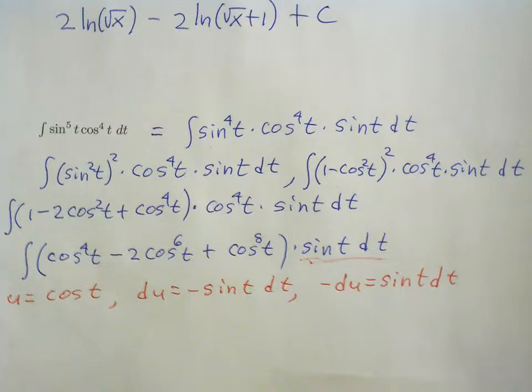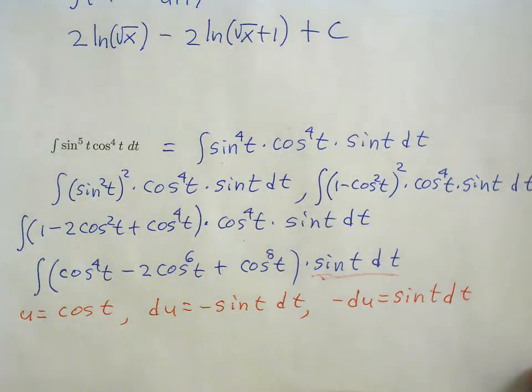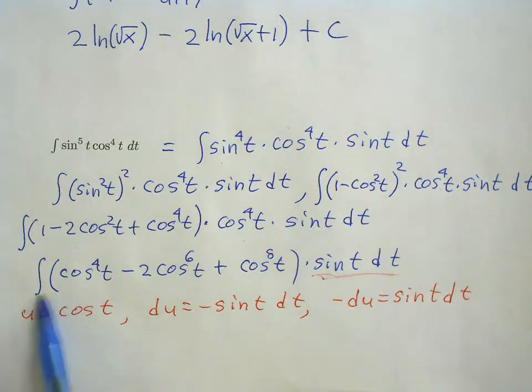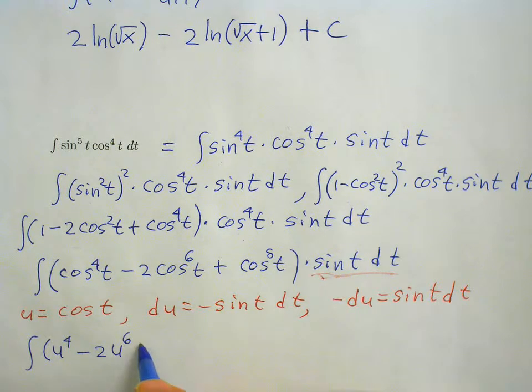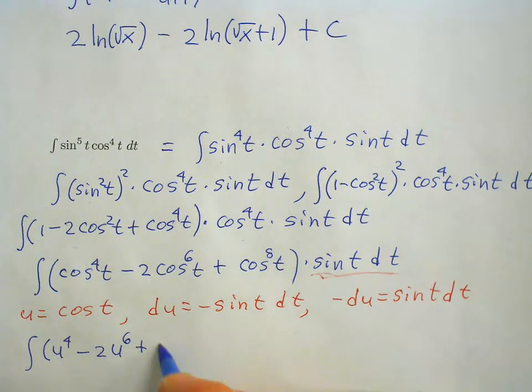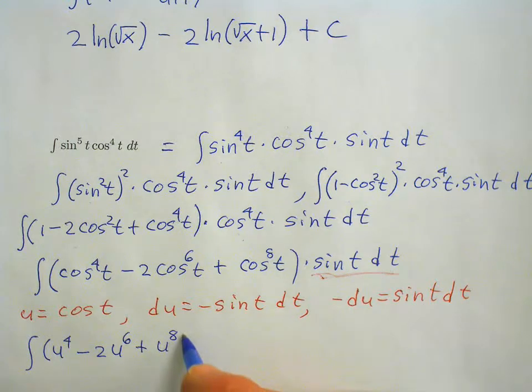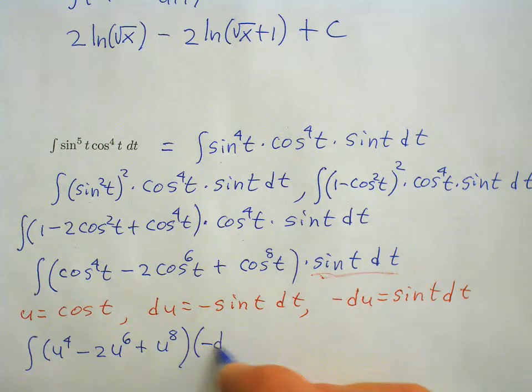So we make substitutions, and we transform this integral. Cosine of t to the fourth becomes u to the fourth, and then minus 2u to the sixth plus u to the eighth, and then replace sine of t dt with negative du.